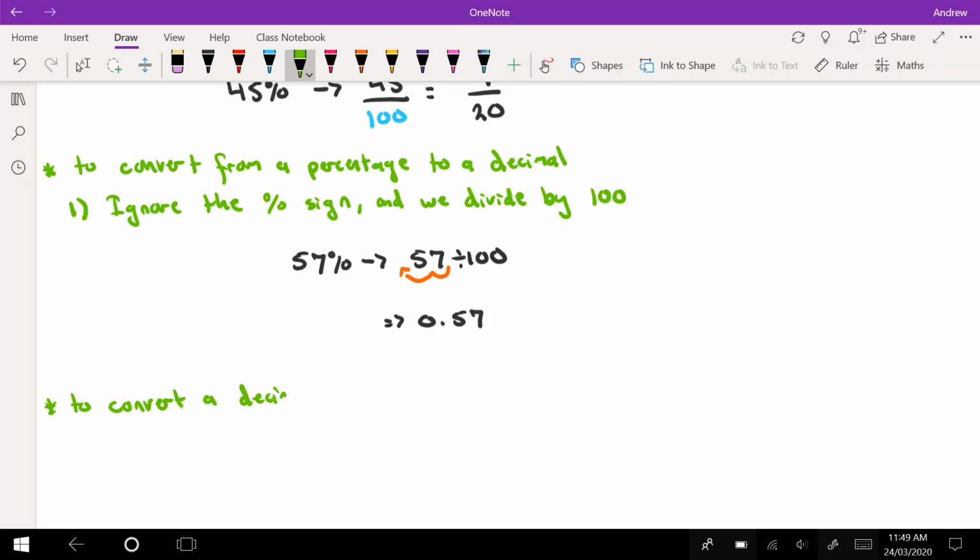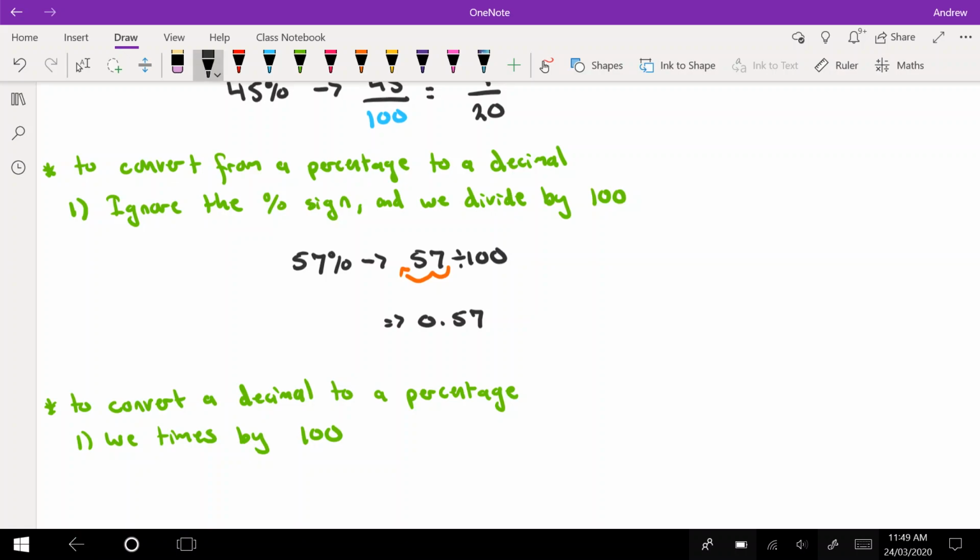You times it by 100. Yeah. If we get from a percentage to a decimal, we divide by 100. To go the other way, we just have to times by 100. So to convert a decimal to a percentage, we times by 100.